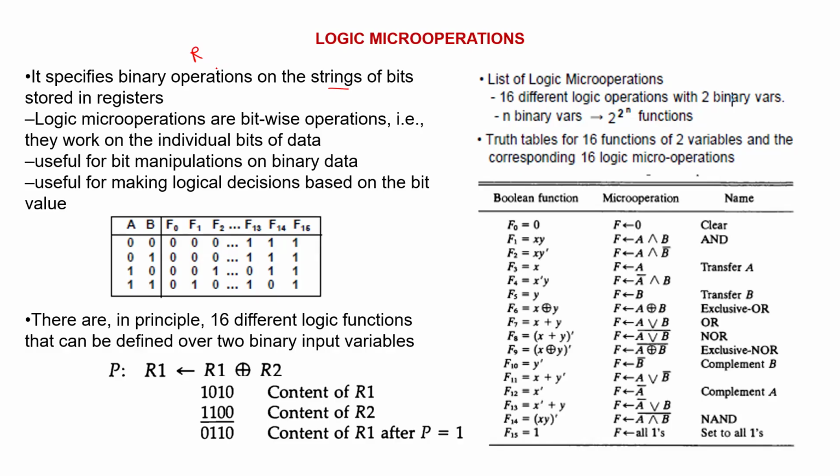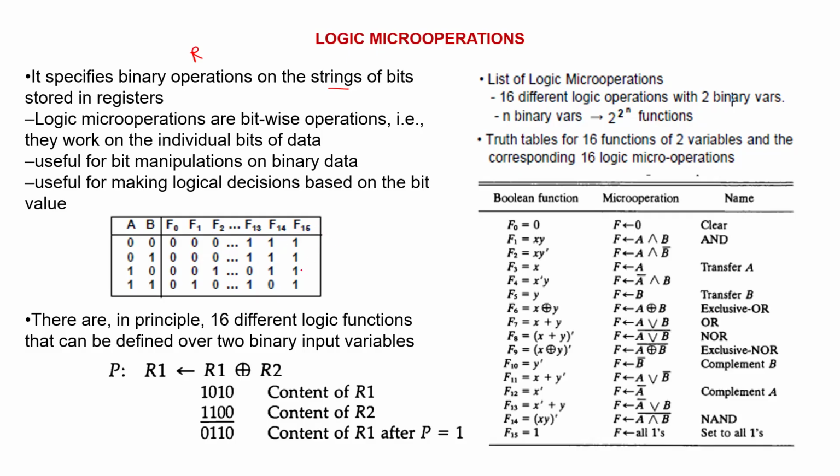And before that we have already seen, if you are going to talk with memory, you have MAR or AR, all that discussion is separate. Now here, this logic operation is useful for bit manipulation on binary data. With the help of this logic microoperation, we are able to perform 16 microoperations.